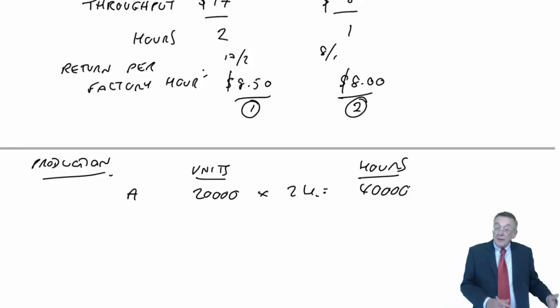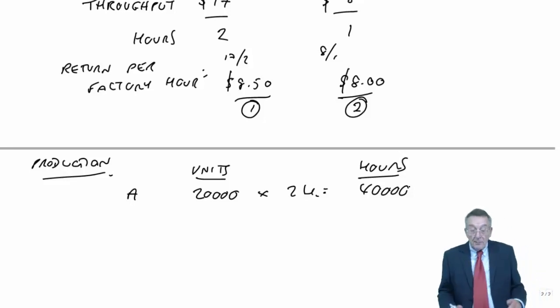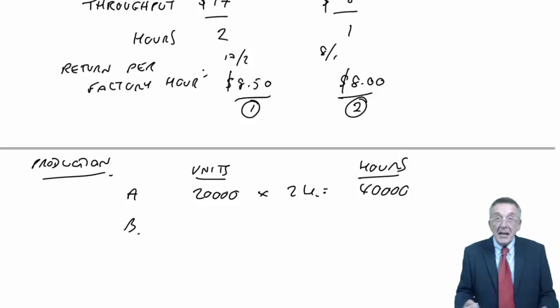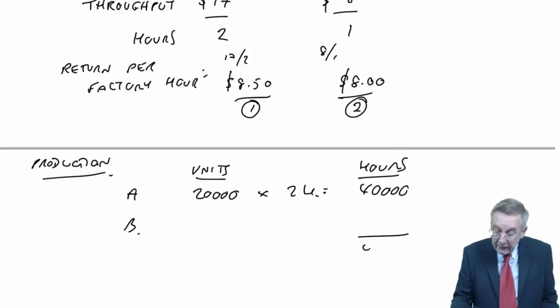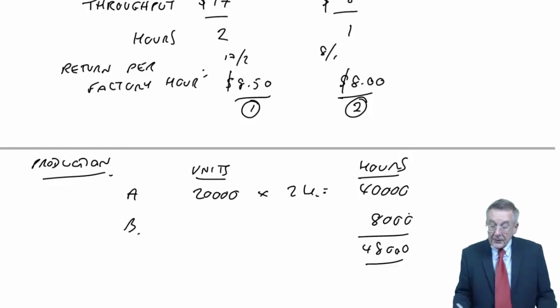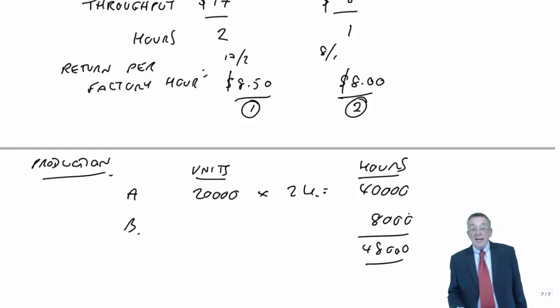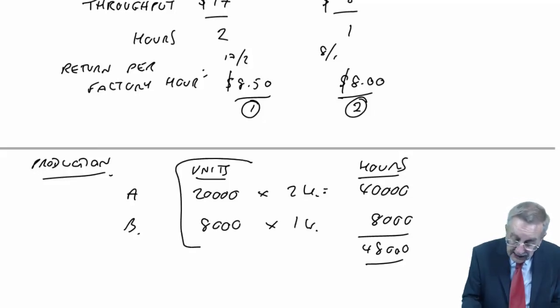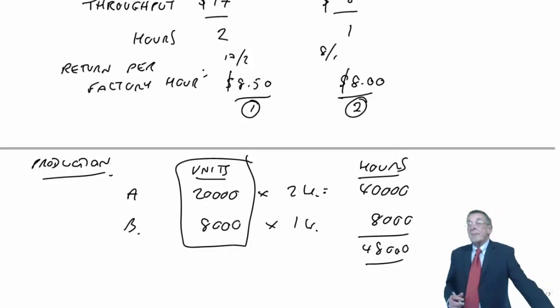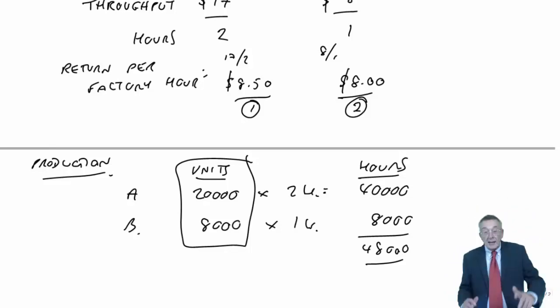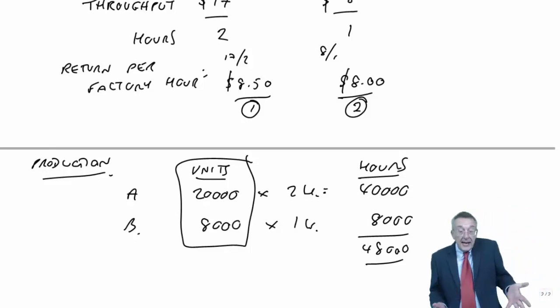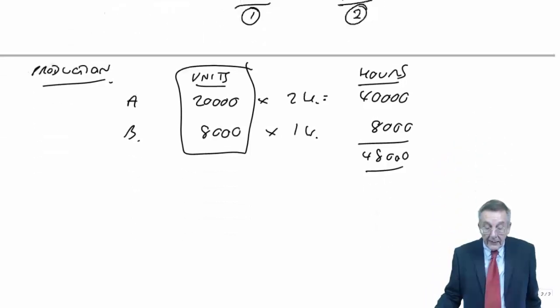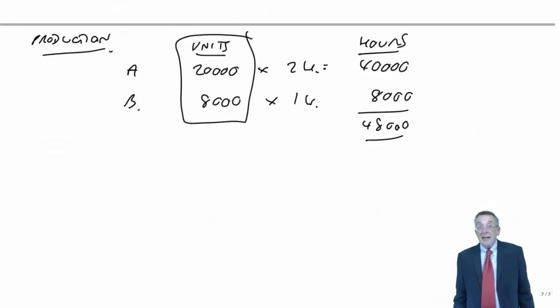Can't do any more A's, so go to the one that's next best, which is B. But here's where we hit the limit. With only 48,000 hours available, there's only 8,000 hours left to produce B. And at 1 hour a unit, we'll produce 8,000 B's. If that's all we were asked, what's our actual production plan? There's the answer. 20,000 A's, 8,000 B's.